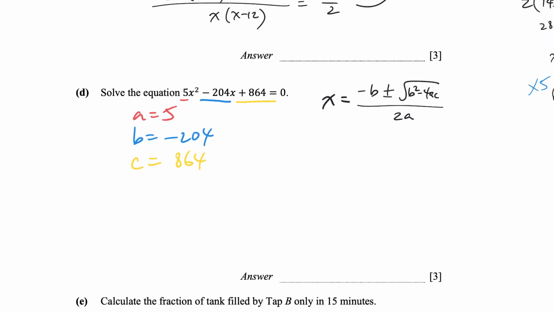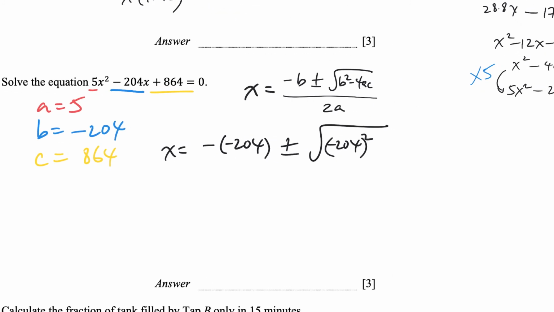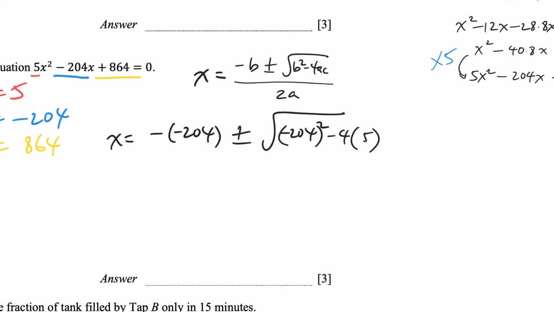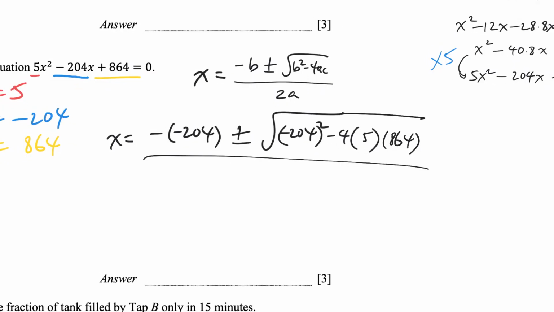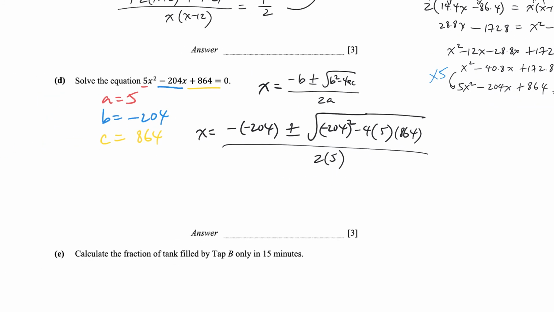Then substitute in: negative B, remember the sign, plus or minus the square root of B squared minus 4AC, over 2A. Key that into a calculator, remember the plus minus, and you'll see that X equals either 36 or X equals 4.8.